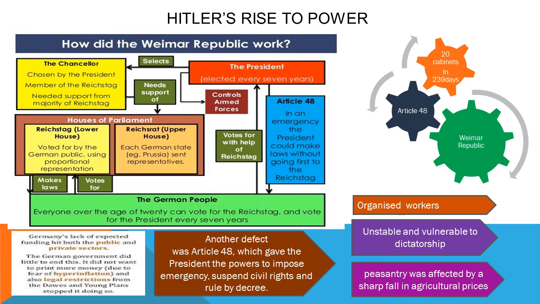Germany's lack of expected funding hit both the public and private sectors. The German government did little to end this. It did not want to print more money due to the fear of hyperinflation, and legal restrictions from the Dawes and Young plans also stopped it from doing so.